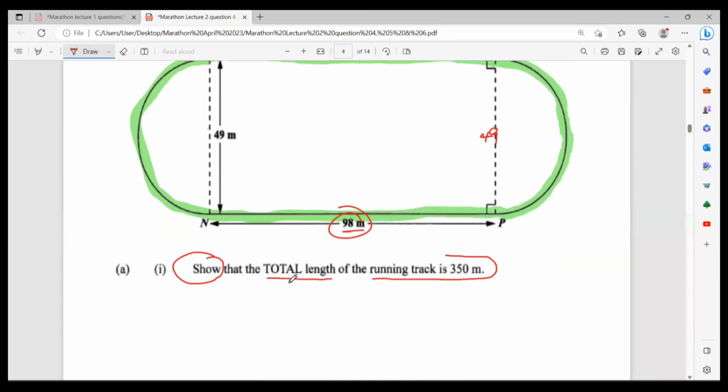So all you have to do is 98 plus 98 plus the circumference of a circle. And that will give you the answer.